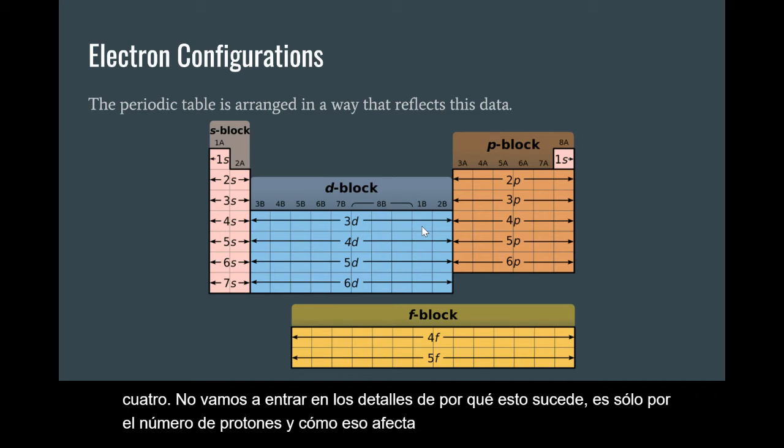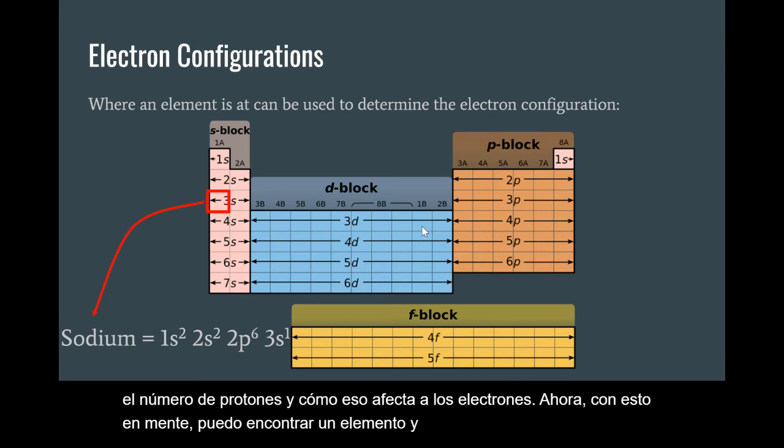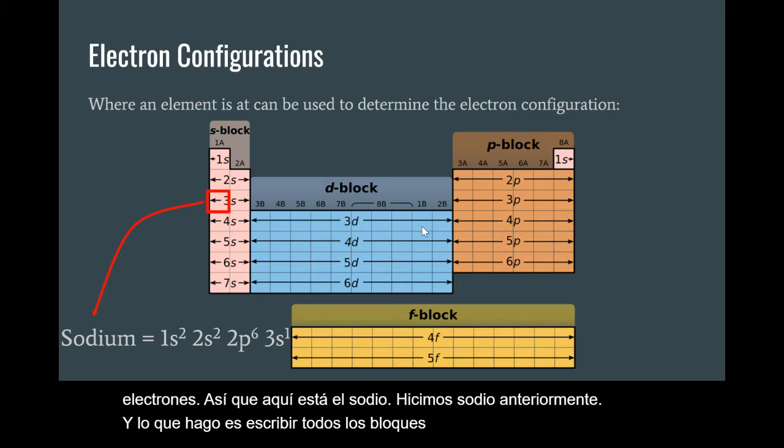Now, with this in mind, I can find an element and write its electron configuration. So here's sodium. We did sodium previously. What I do is I write all of the blocks that come before where I'm trying to get.